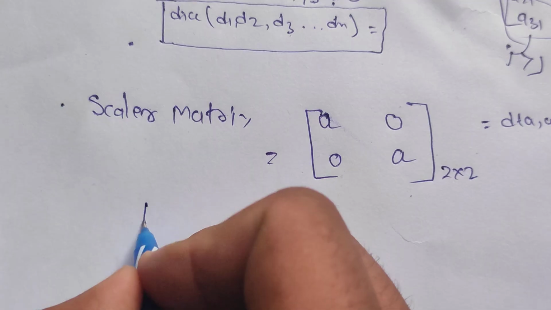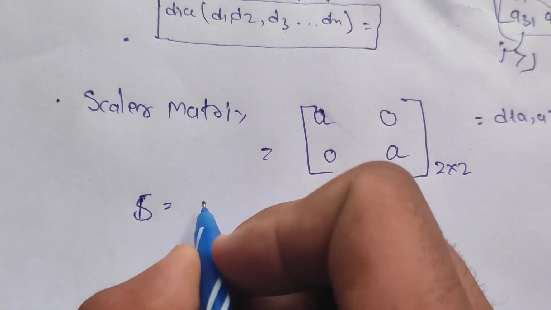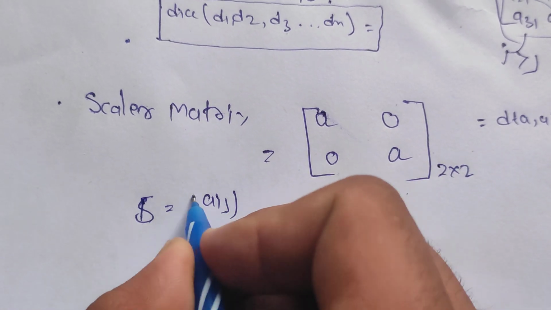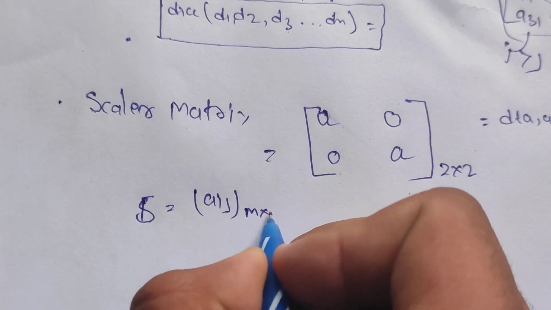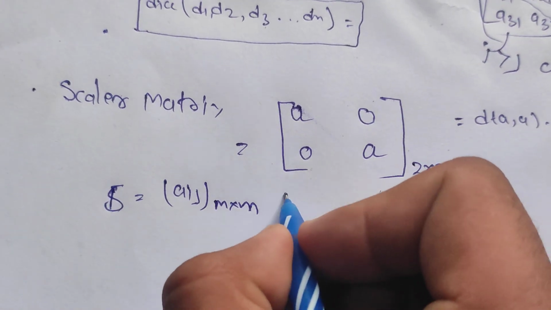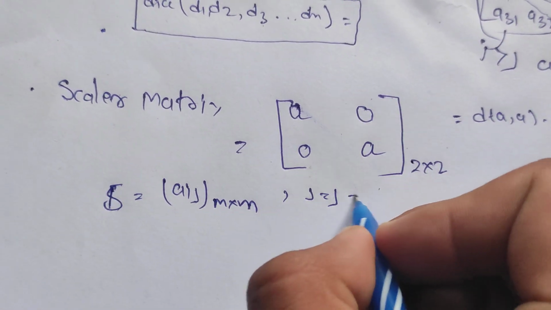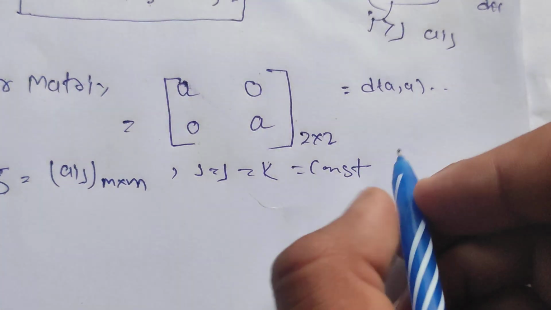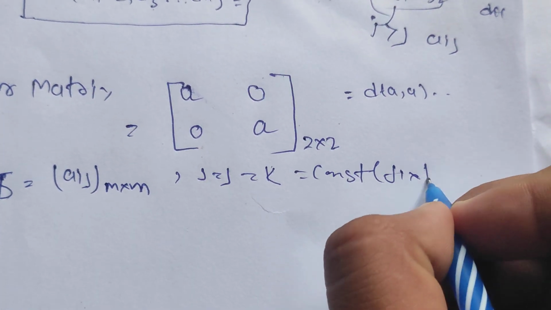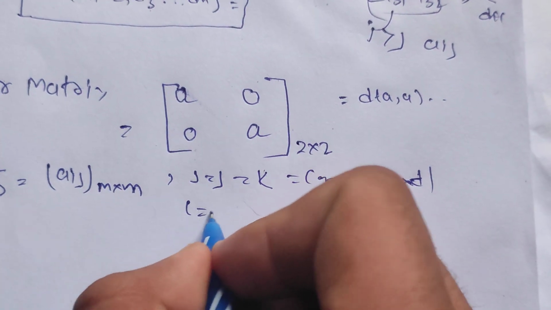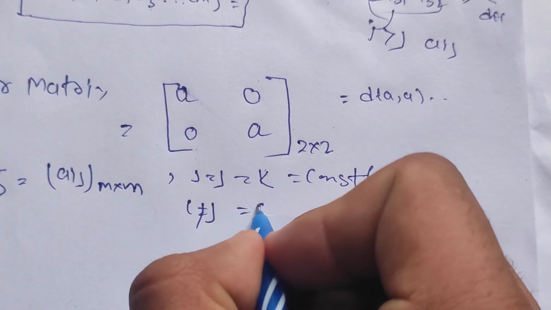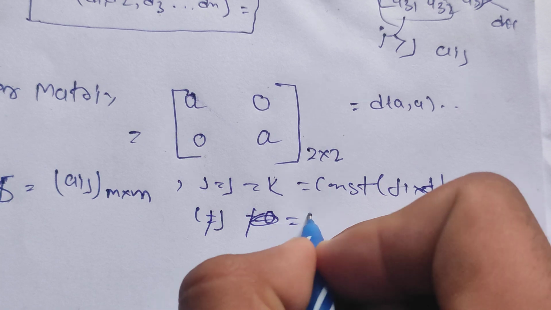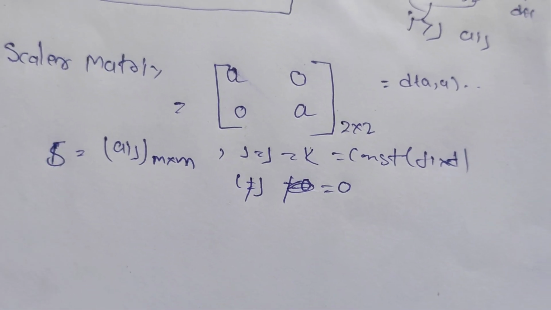The definition: if S is a scalar matrix, say aij of m cross m, where i is equal to j is k, a constant and fixed, and i is not equal to j is 0, this is called a scalar matrix.